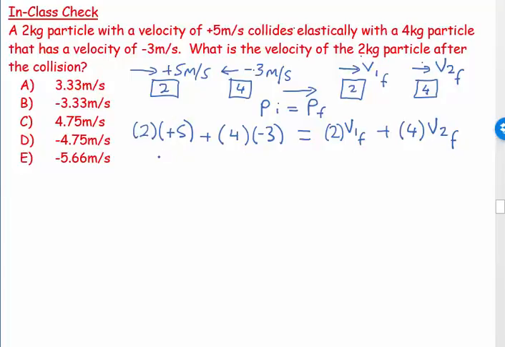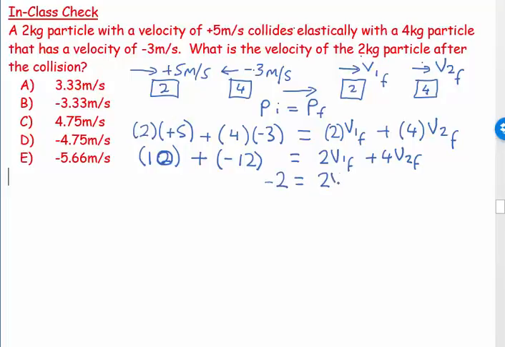Well, this is going to be 10, and this is going to be minus 12, is equal to 2v1 final plus 4v2 final, so minus 2 is equal to 2v1 final plus 4v2 final. So we have an equation that we can work with.